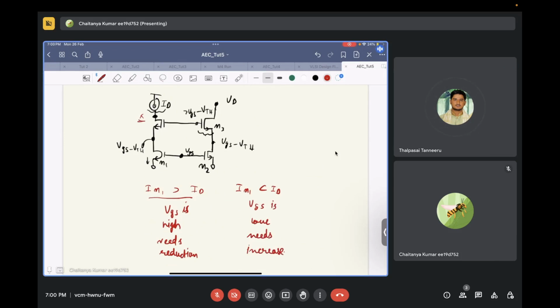And on the other hand, what will happen to node X in this case, if IM1 is less than ID?